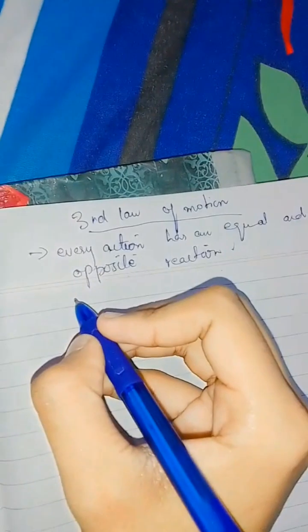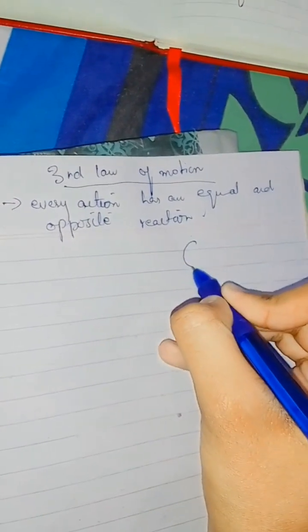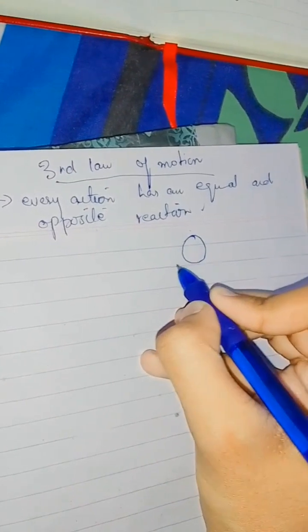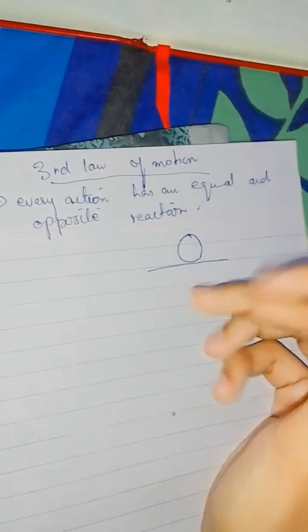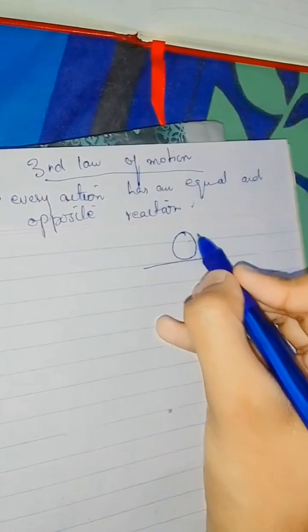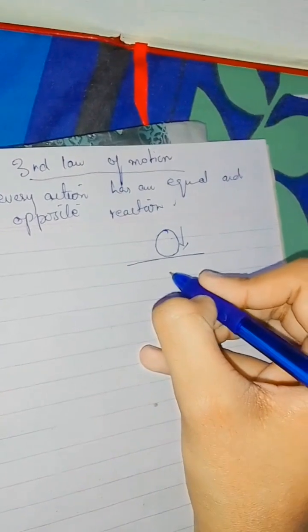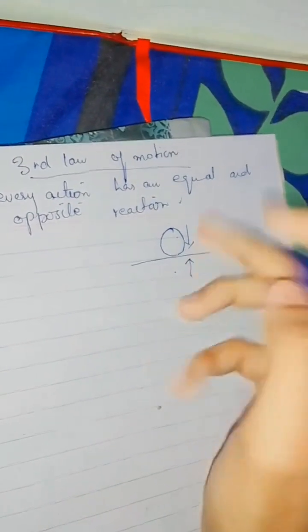Now, what happens when two objects interact with each other? When you place an object, like a ball, on the table, the object exerts a force on the table, and the table will exert an upward force.